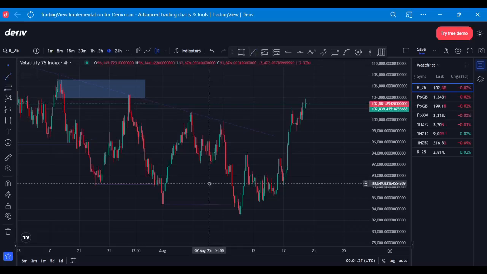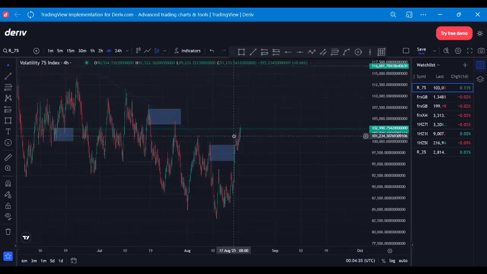Now see what happened. Instead of respecting this supply level to come down and break this structure, price broke this supply level. This kind of break of structure we call a change of character. Why? The character of the market is bearish, but instead of respecting it, price went ahead to violate it, making it a change of character.